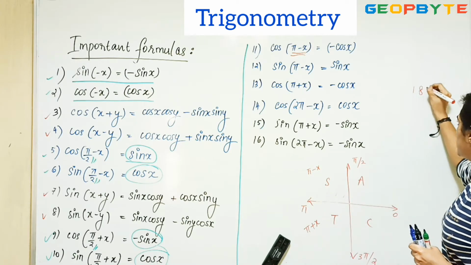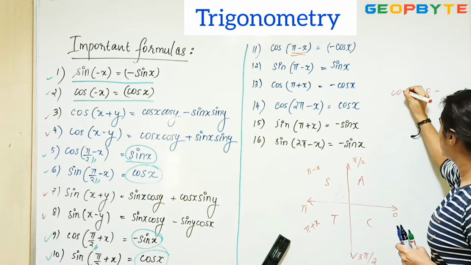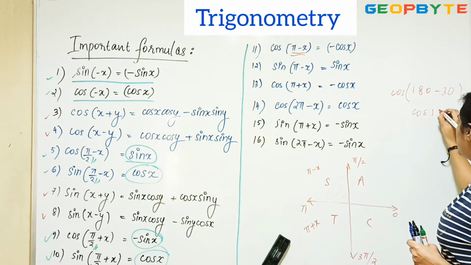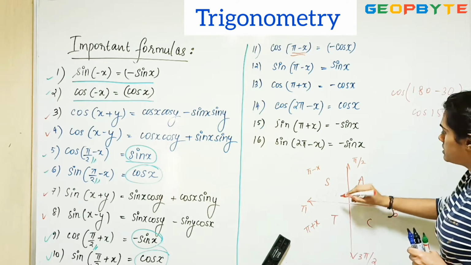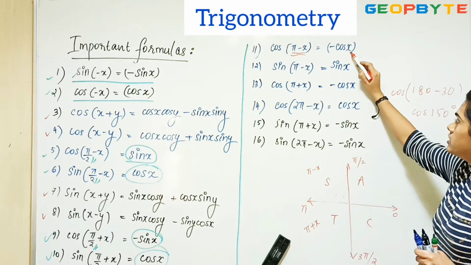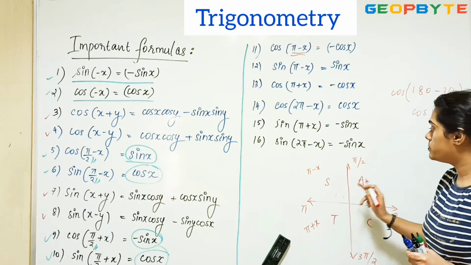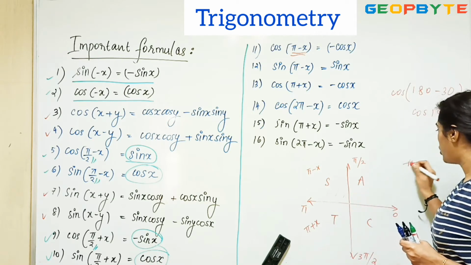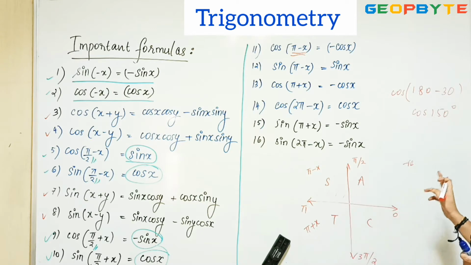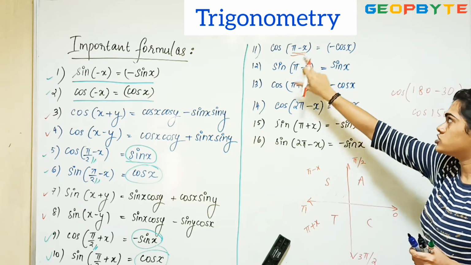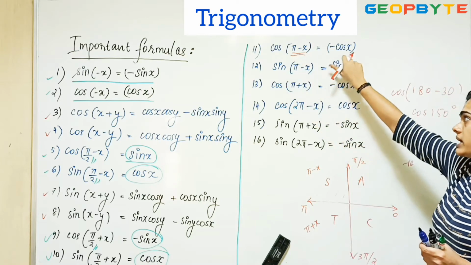For example, I can write cos of 180 minus 30. It will be cos 150, right? So this 150 will be lying in this quadrant. Now, what is the sign of cos in the second quadrant? It should be negative. Only sine and its complementary angle is positive. So we are putting that negative sign. So cos of pi minus x is minus cos x.